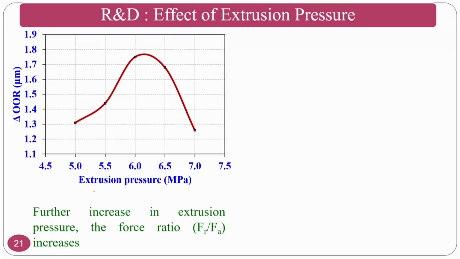So, extrusion pressure: if you are going to increase it, the force ratio, that is radial force to axial force, will increase. That means that if you are increasing the extrusion pressure, the elastic component will gain more compared to the viscous component, and you can see this in part 1 and part 2.